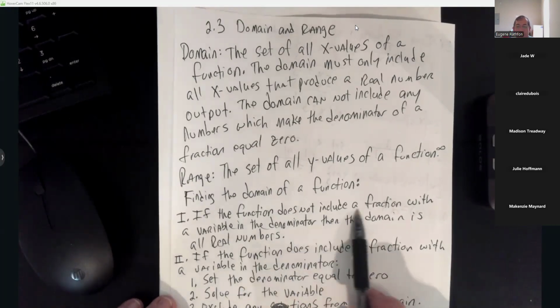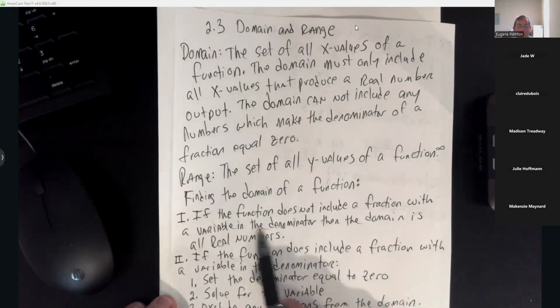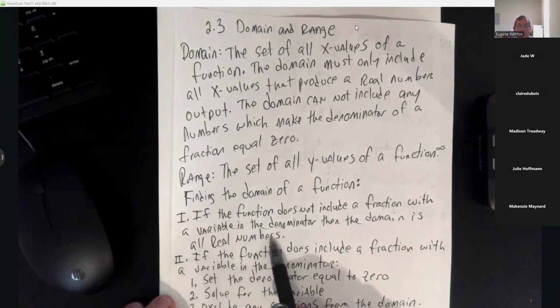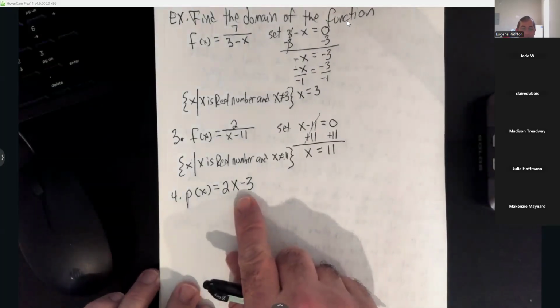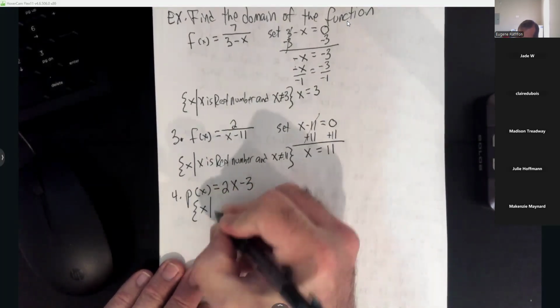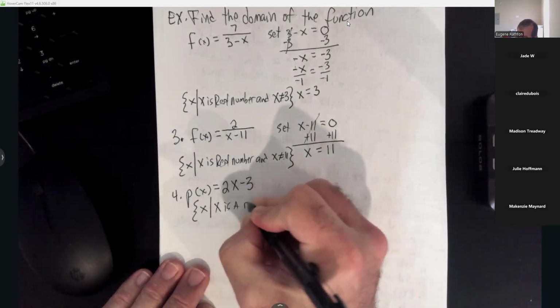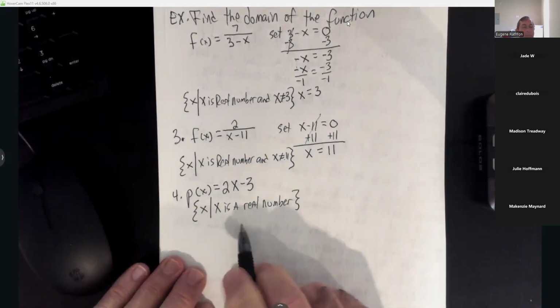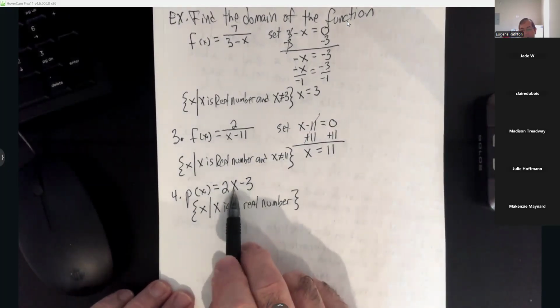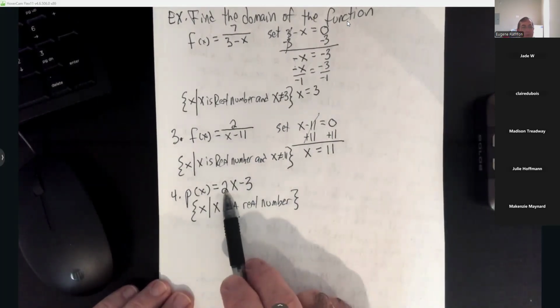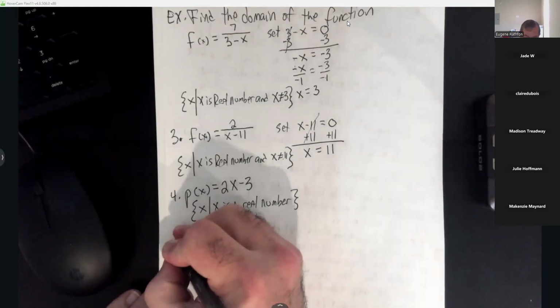If the function does not include a fraction with a variable in the denominator, then the domain is all real numbers. We all? There's no fractions here. So automatically my domain would be x such that x is a real number. That means I can put any number I want to in for that x and I'll get a real number out of it, okay? I can multiply any number by 2 and then subtract 3 from it, okay?